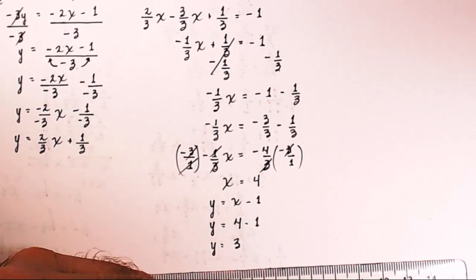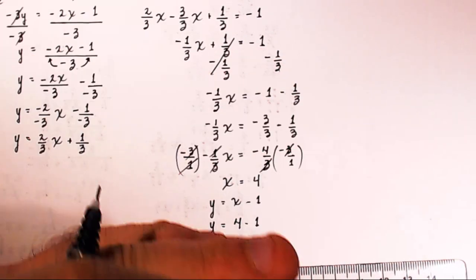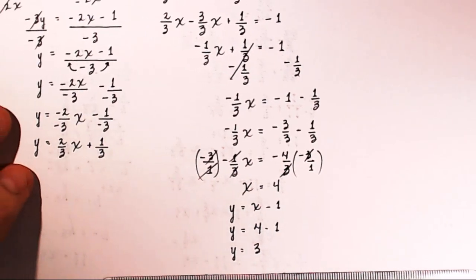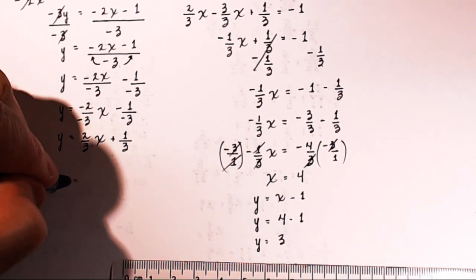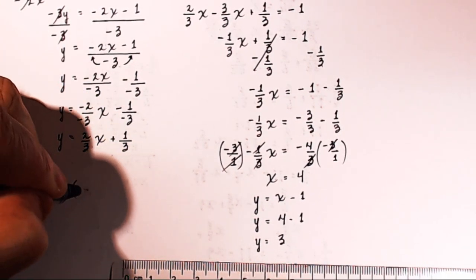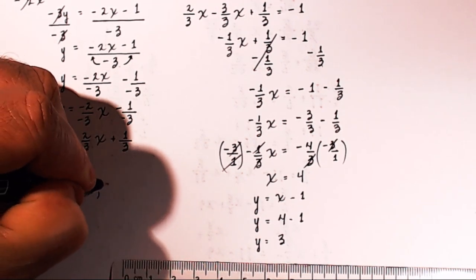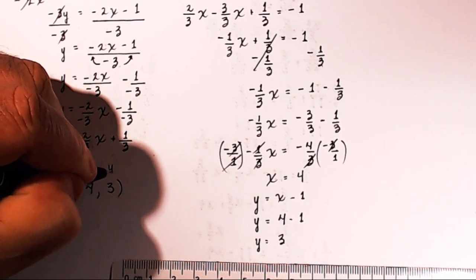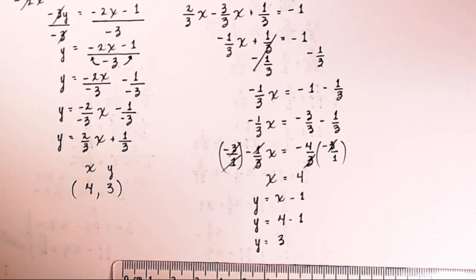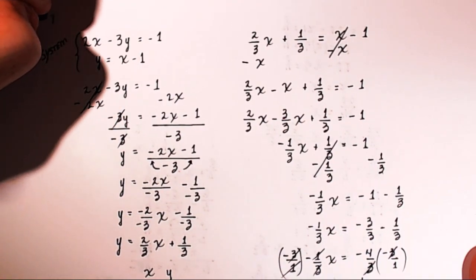So that means that the intersection point of those two lines, the solution to the system of linear equations here, is my x value of 4, comma, my y value of 3. So that's the x value and the y value. And that is the answer to number 2.